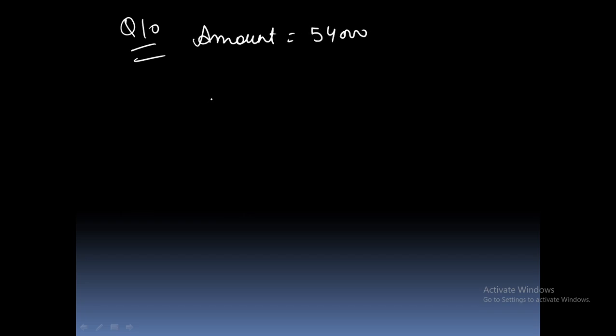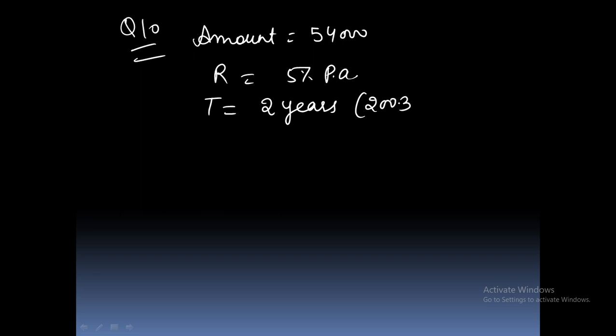Rate of interest is given as 5% per annum, and we have to find the population in year 2001. Time will be 2 years. How to calculate this time? 2003's amount is given, and we have to find out 2001's population. So when we subtract 2001 from 2003, we get 2 years time.